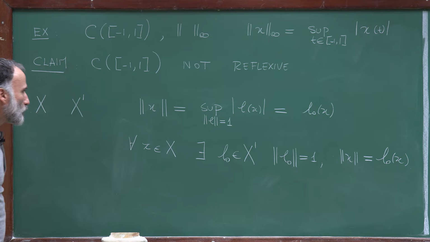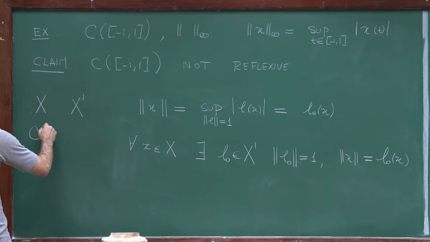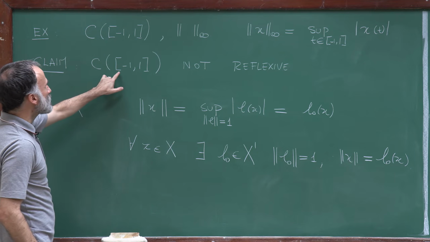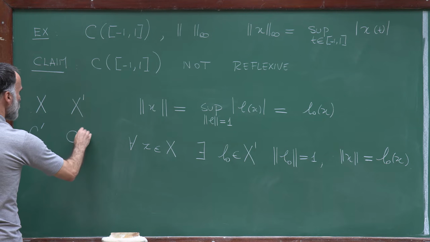So this is what I'm going to use, but not for X and X prime. I won't be writing C([-1,1]), I'll just write C, C prime, and C double prime.